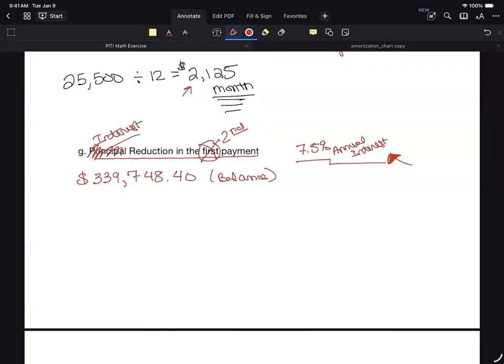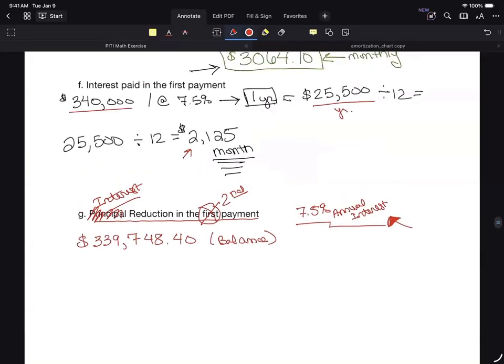Because I don't owe you $340,000 anymore, I only owe you $339,748.40 at an annual rate of 7.5%. How could we get how much that would be for 1 month? Because you're right, it should be a lesser amount. I don't owe you as much money, so I'm not paying you as much interest.